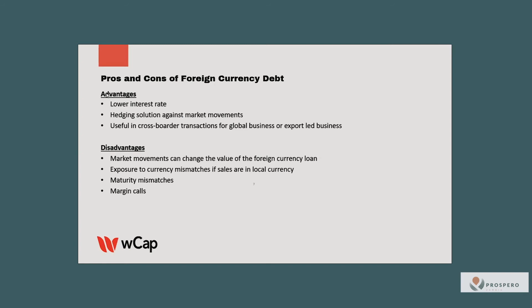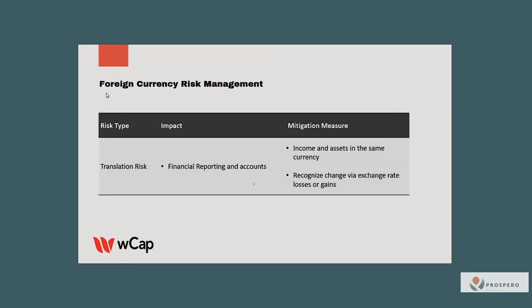Foreign currency loans could also lead to loan repricing. This is actually not just subject to foreign currency loans, it applies to all debts. Repricing, because of market movements, can lead to margin calls, and a margin call means additional cash or collateral to secure the loan facility with the financial institution that you choose to borrow from. As we saw in the previous case study, this can have serious effects if the foreign currency loan is not managed properly.